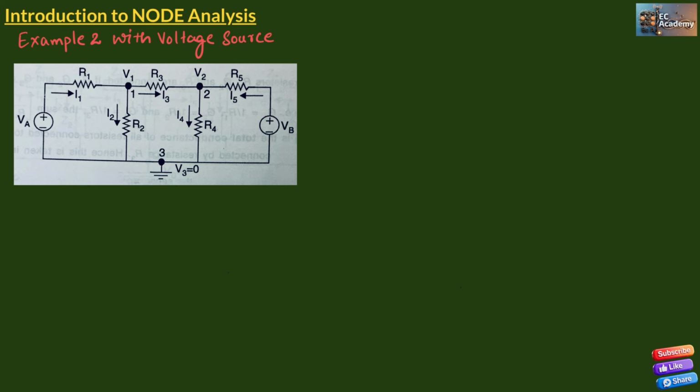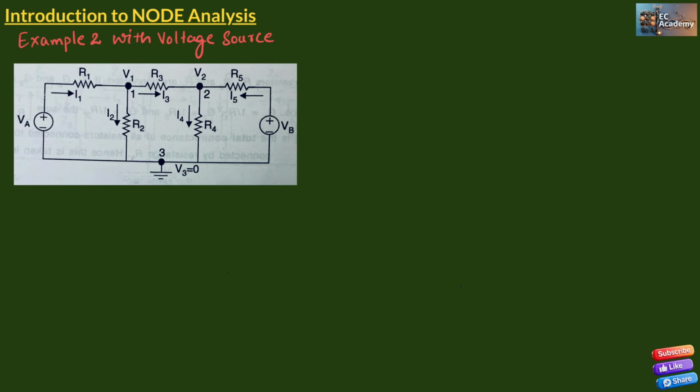Now for this circuit, let us define the voltages V1 at node 1, V2 at node 2 and V3 that will be equal to 0 at node 3. Now V1 and V2 are calculated with respect to this reference node or ground.